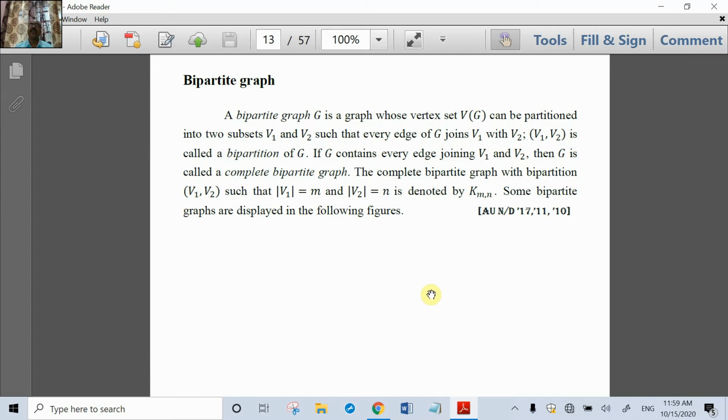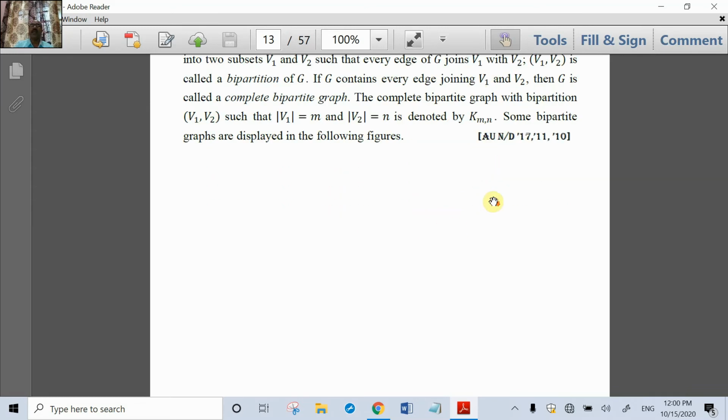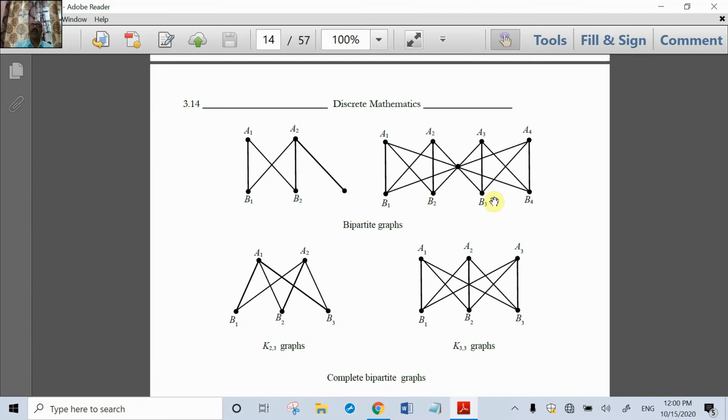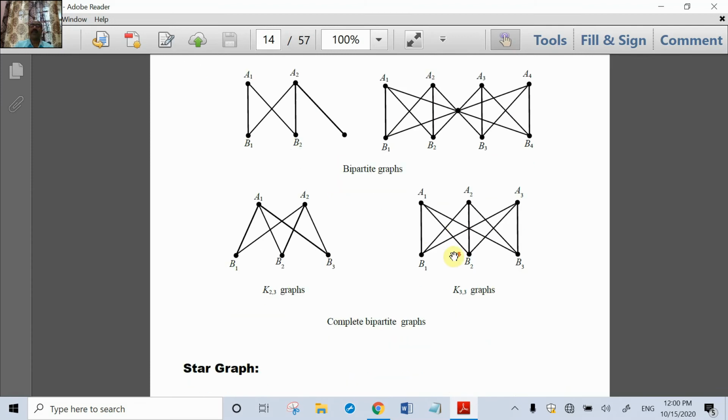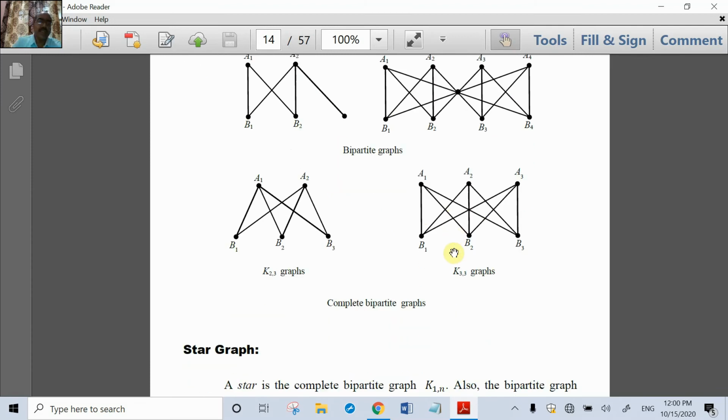There are links between a vertex in V1 and a vertex in V2. If every vertex of V1 is joined to every vertex of V2, then it is called a complete bipartite graph, denoted by Km,n. Now see here some complete bipartite graphs. These are bipartite graphs. These are complete bipartite graphs. They are displayed here.